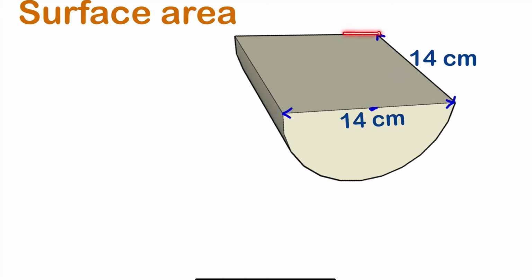We have to look for the area of our square. So the surface area will be equal to the area of the square, which gives us 14 squared, because it's 14 times 14, plus the area of the semicircles.